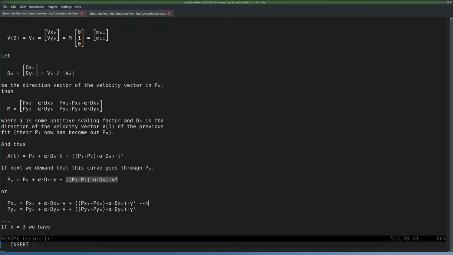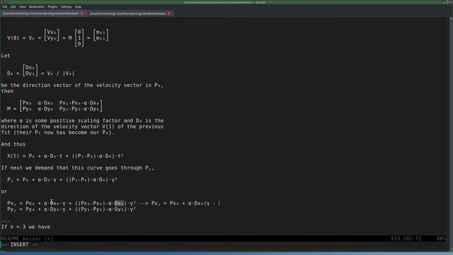From this follows that alpha is maybe not that fast. So let's do you get the x out of there.